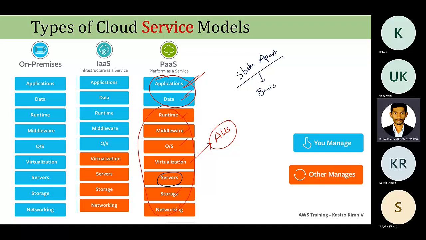That means they don't provide only the doors, windows, the marbles, or the empty house. Along with the basic amenities, they will also provide the infrastructure. Now, when I say infrastructure, they'll provide TV, fridge, sofa, dining table, all this infrastructure they will provide.